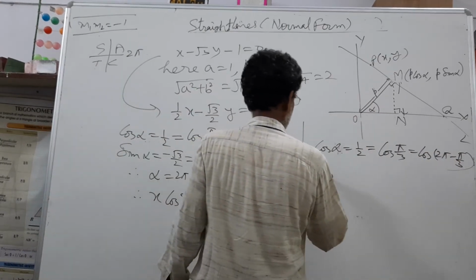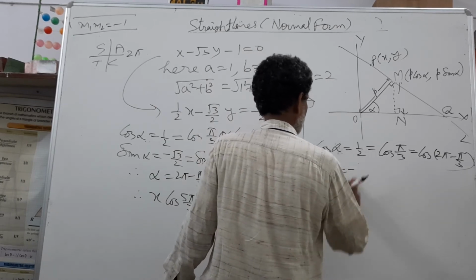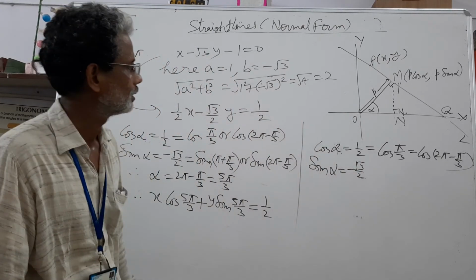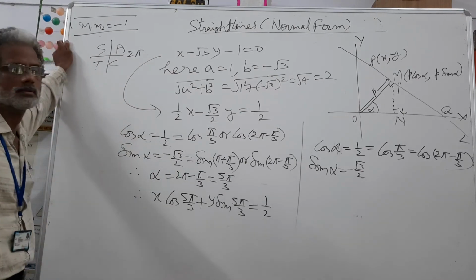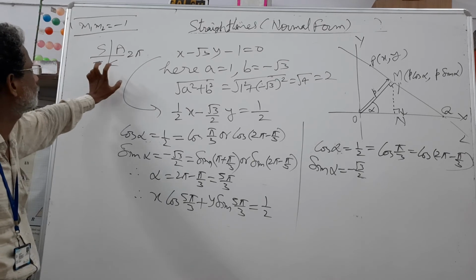And sin alpha is equal to minus root 3 by 2. Now consider here sin gives minus. Sin gives minus in third and fourth quadrant.